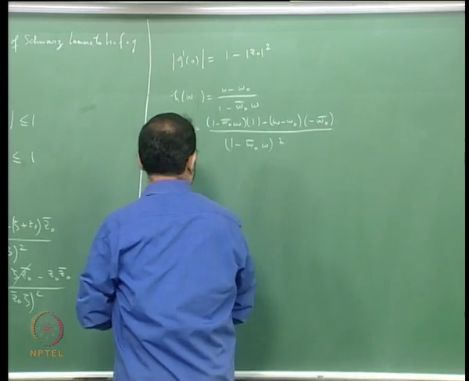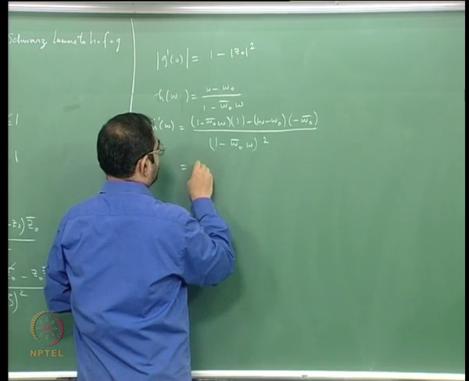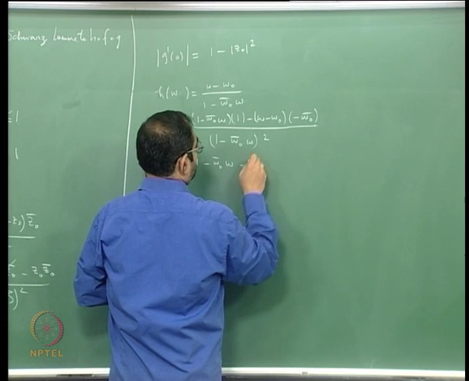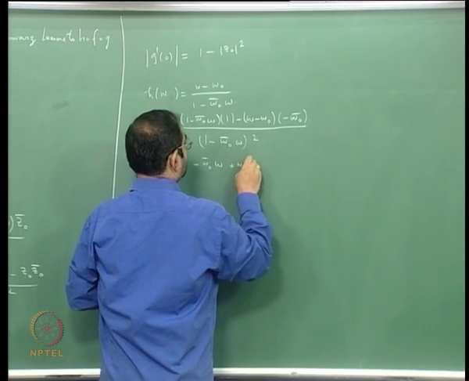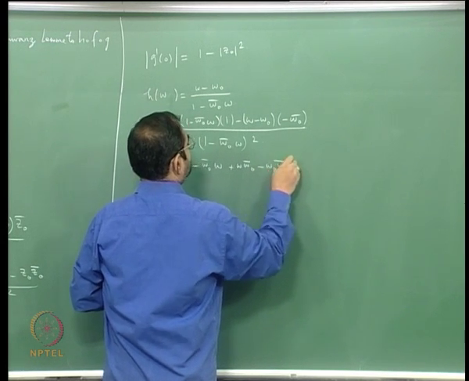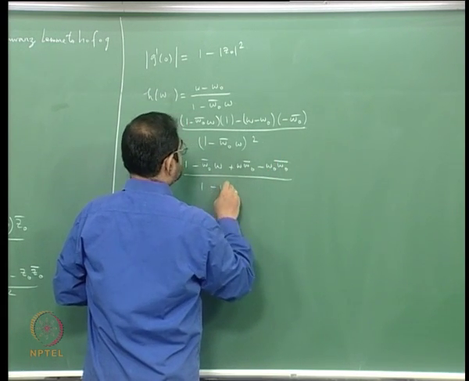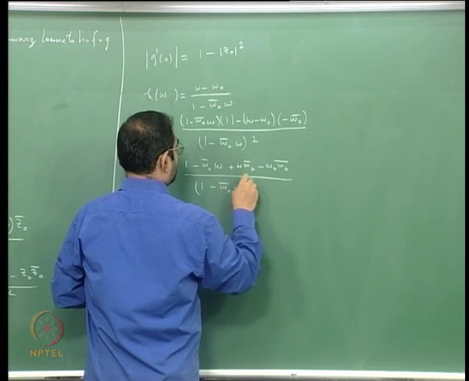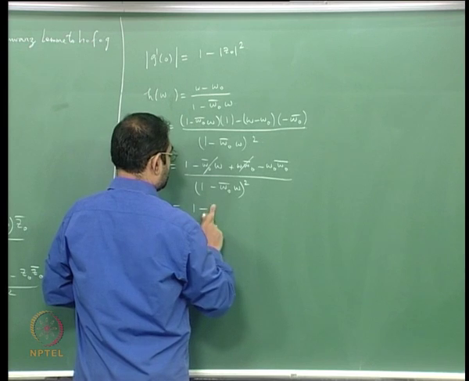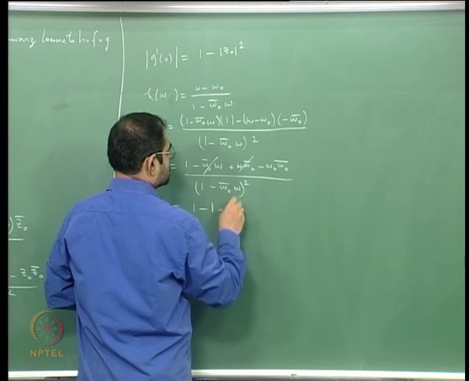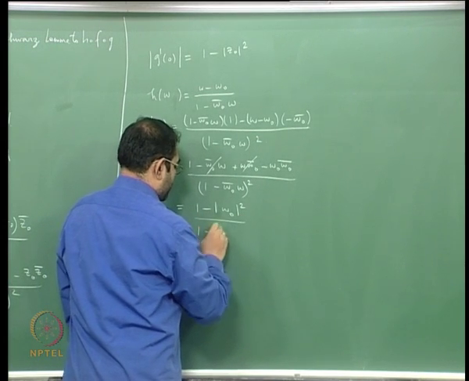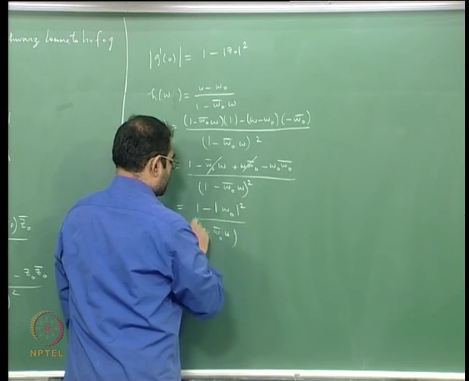Okay, and so if I expand it out, I will get 1 minus w0 bar w, plus w0 bar minus w0 bar, divided by (1 minus w0 bar w) the whole squared, and these two will cancel. I will simply get 1 minus mod w0 the whole squared, because w0 bar w0 is mod w0 the whole squared, by (1 minus w0 bar w) the whole squared.